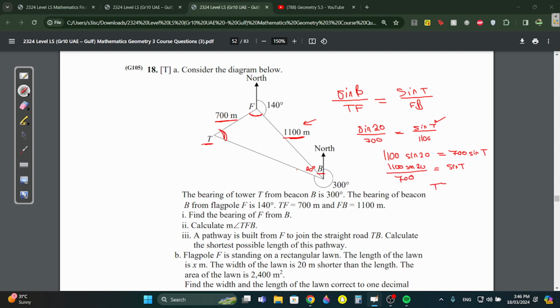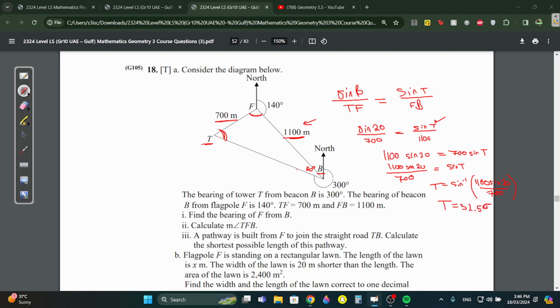So T equals shift sine of 1100 sine 20 over 700. Let me do it on my calculator. My calculator is slow. I get 32.5, so T is 32.5 degrees.